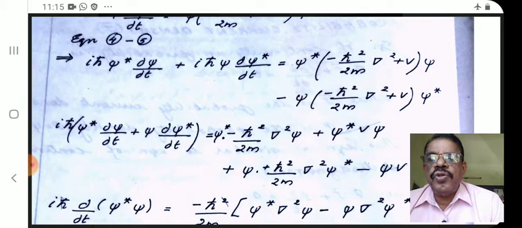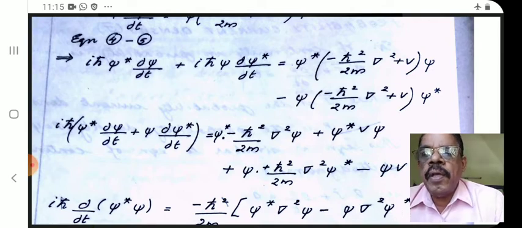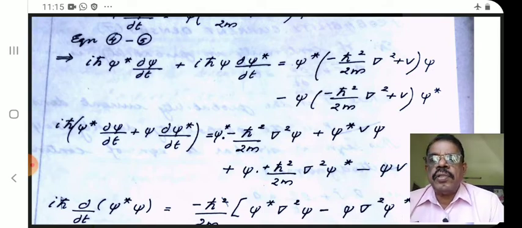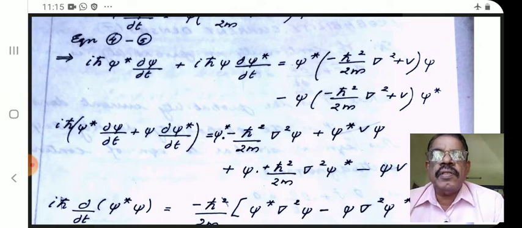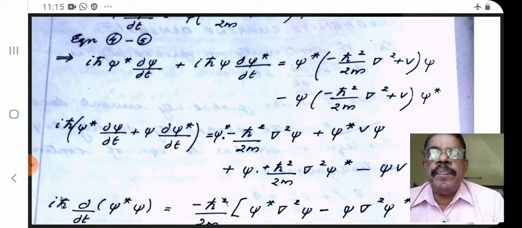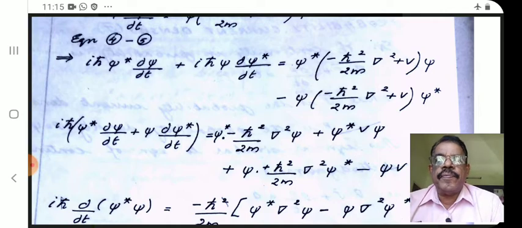Psi star into, you note the into, and minus ħ squared by 2m can be put in a bracket. Psi star into minus ħ squared by 2m del square psi. Psi is taken inside. Plus psi star V psi, multiplied.